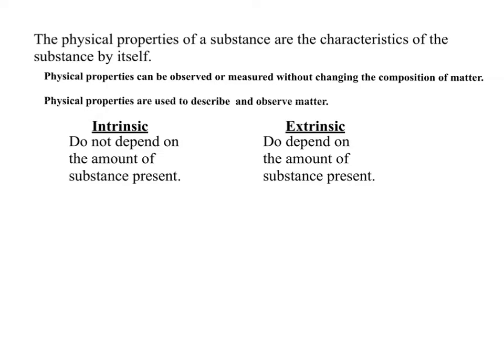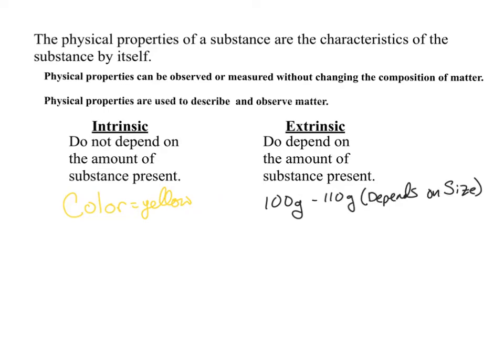When I tell you that a banana is yellow, that doesn't matter how much there is. So color is an intrinsic property. For that same banana, we could have an extrinsic property like how much it weighs. It may weigh 100 grams or 110 grams, depending on the size of the banana. So those are still physical properties, but they do vary dependent upon how much is present.